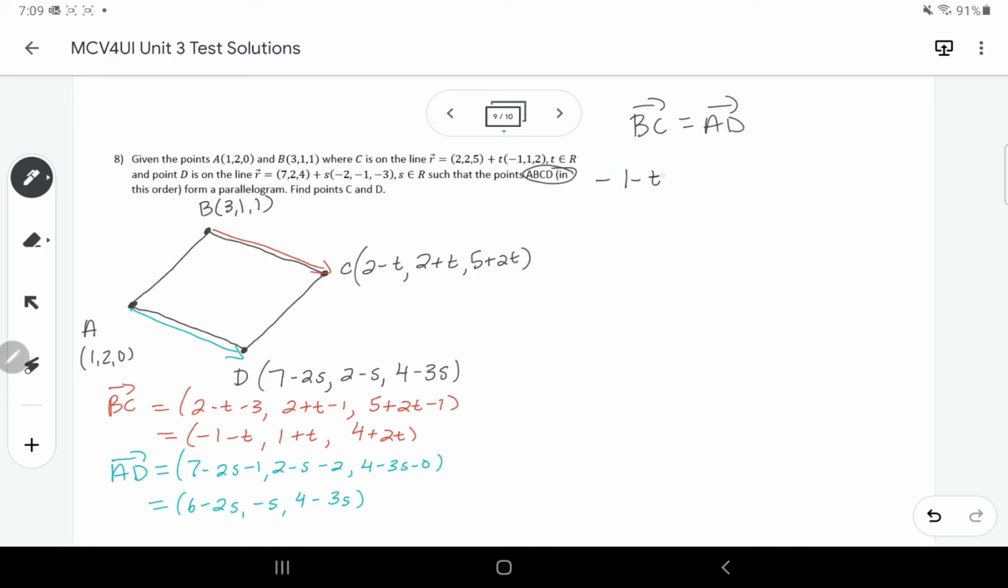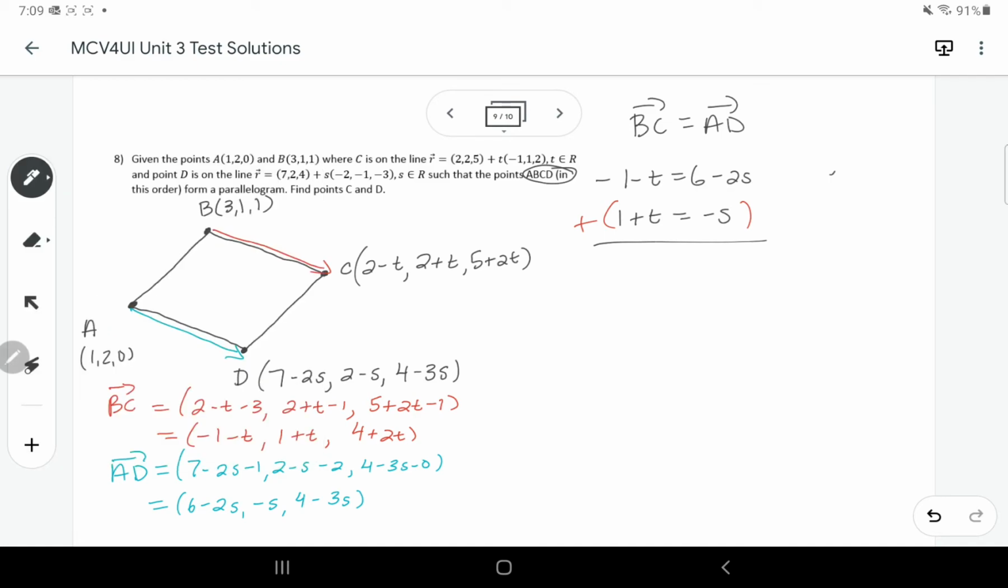So negative 1 minus T equals 6 minus 2S, and 1 plus T, I'm going to write this underneath, 1 plus T equals negative S. This is not ideal for elimination, but I hope you can see, or you could rearrange this a different way. I'm just going to add this down and work out how to solve for S here.